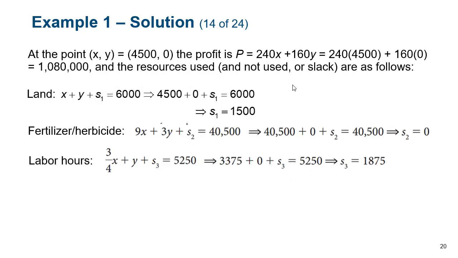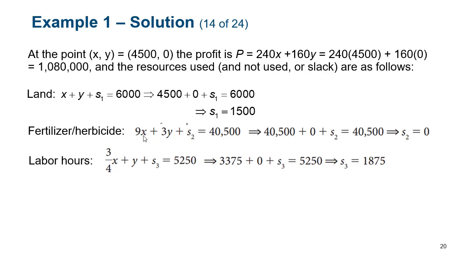Now, if we wanted to stop here, obviously we wouldn't, but if we stopped here, we could see what our slack variables are. We can see that we have 4,500 of our acres spent, and that's not all of them, right? So we're basically leaving 1,500 acres unplanted.